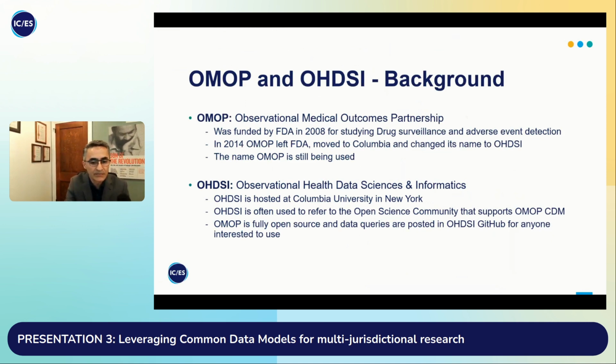Odyssey stands for Observational Health Data Sciences and Informatics. Odyssey is currently hosted at Columbia University in New York. And usually Odyssey is used to refer to the open science community that supports the OMOP CDM. OMOP is fully open source, and data queries are posted on the Odyssey GitHub for anyone who is interested to use. Next slide, please.